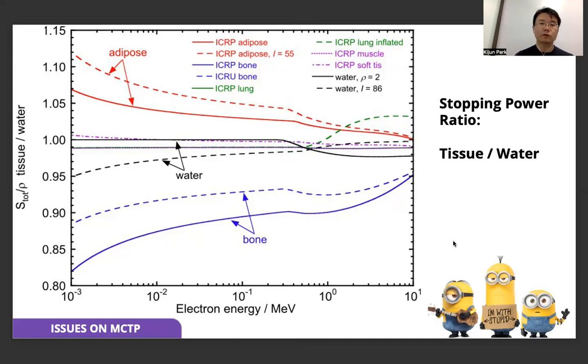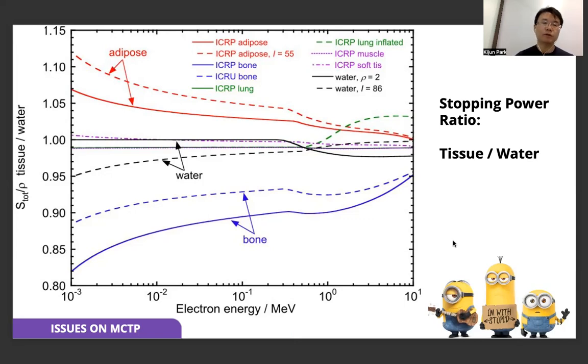Here the stopping power ratio is a function of electron energy. Water's case is flat and close to unity, but depends upon the density effect. Adipose tissue and bone tissue are going to behave differently compared to water because of different density.